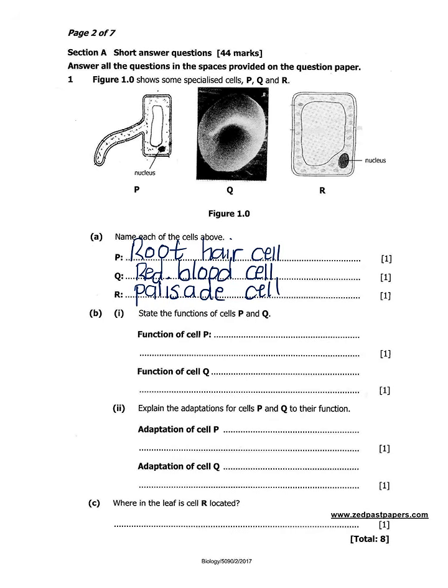Okay, now we can move on to B, Roman number 1. State the functions of cells P and Q. So cell P, we said it is a root hair cell. So the function of a root hair cell is to absorb nutrients and water from the soil.